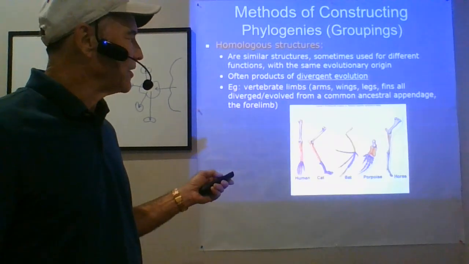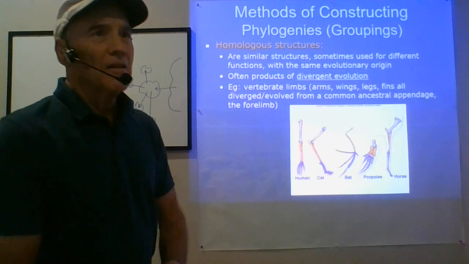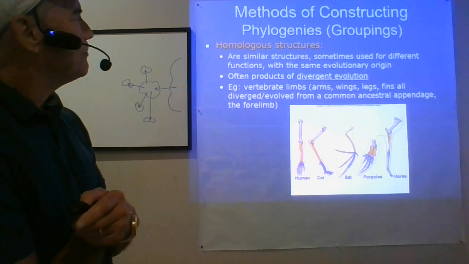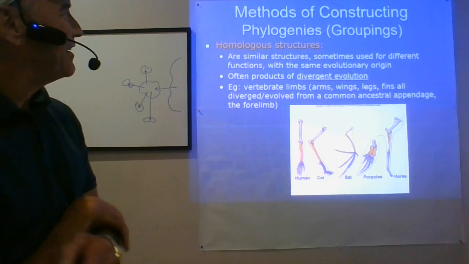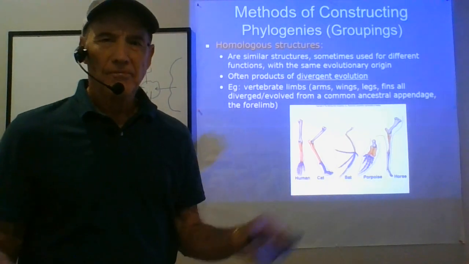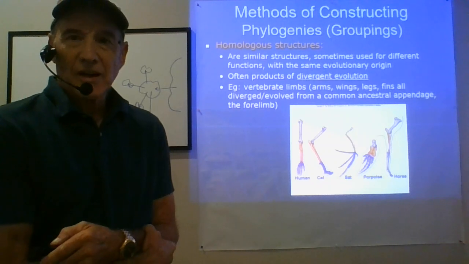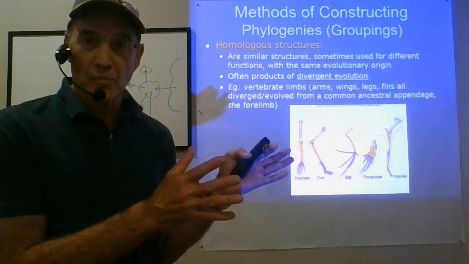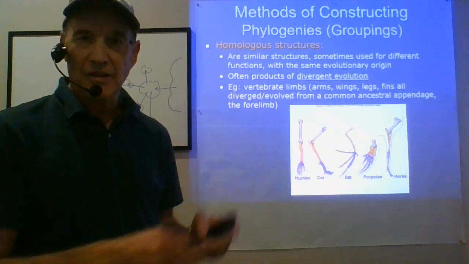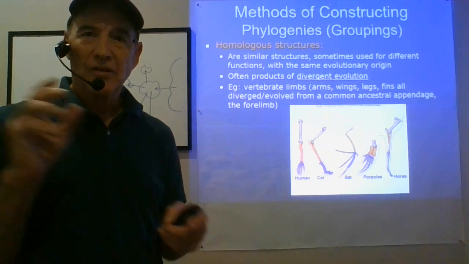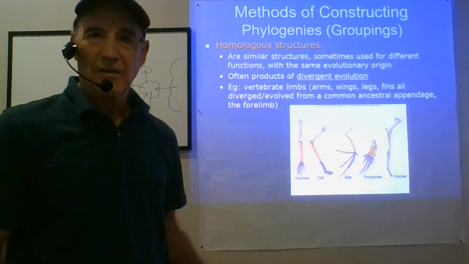So that's a little more precise than the common names. Phylogenies, groupings, methods of taxonomy construct groupings, named groups, and they use features to group things.